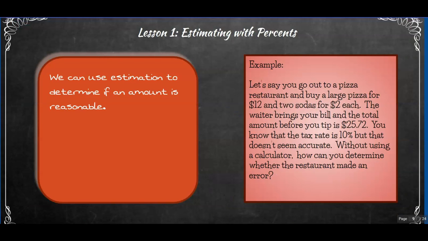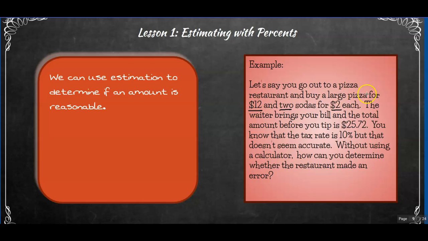Another good reason to estimate is if you go out to dinner or you're grocery shopping or whatever, and you look at your bill and you think there's no way that can be right. You can do the math in your head really quickly to figure out whether the amount is correct. So let's look at an example. Let's say you go to a pizza restaurant and buy a large pizza for $12, and you buy 2 sodas for $2 each.